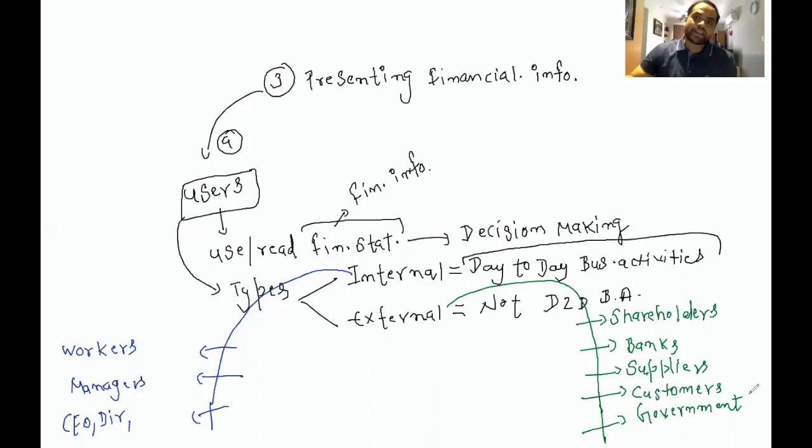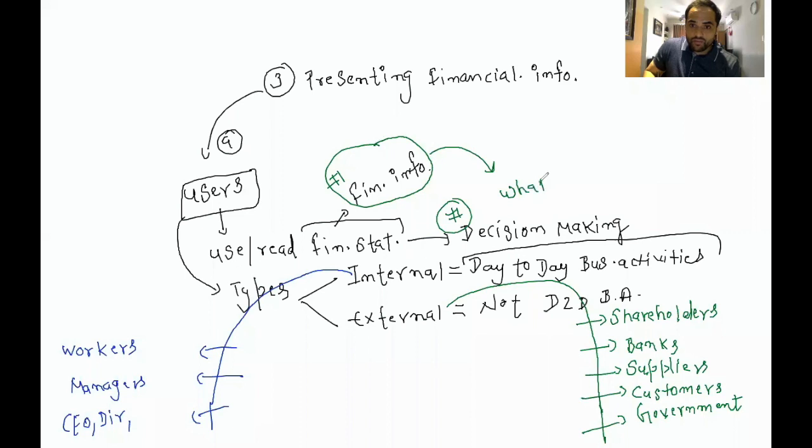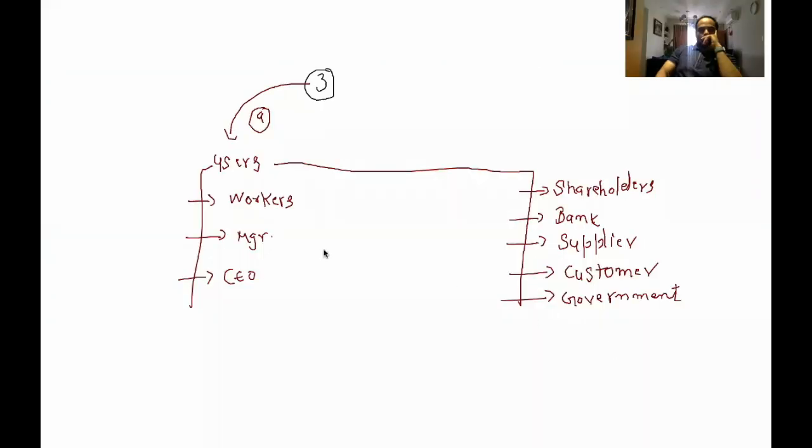So now we move on to the next, which is decisions, right? But before decisions, of course, we will have a look at what financial information they need, and using that financial information, what kind of decisions they're going to make.